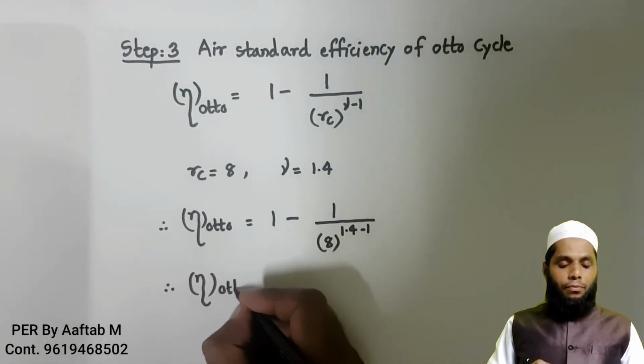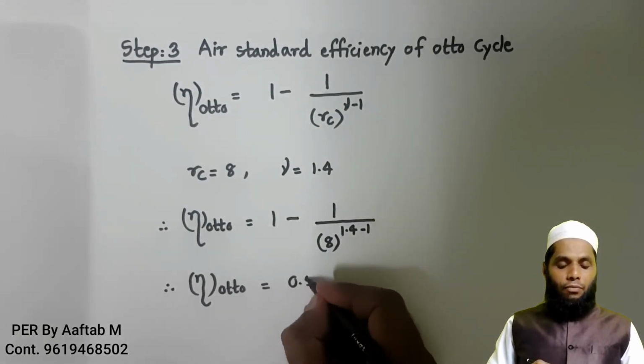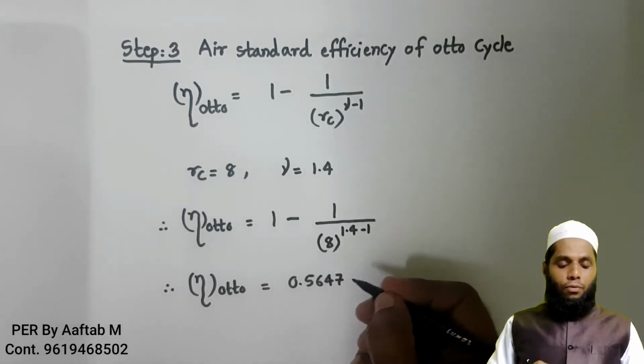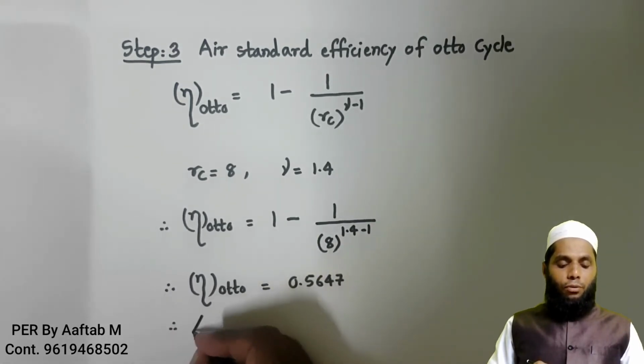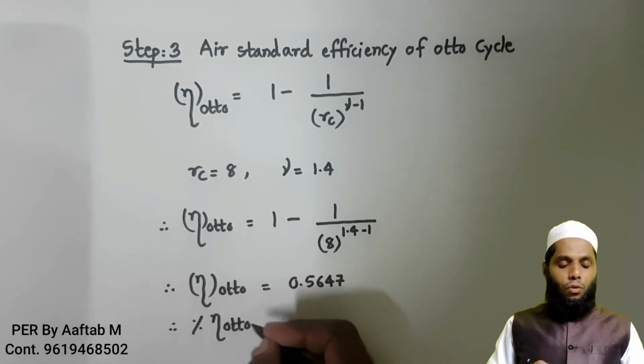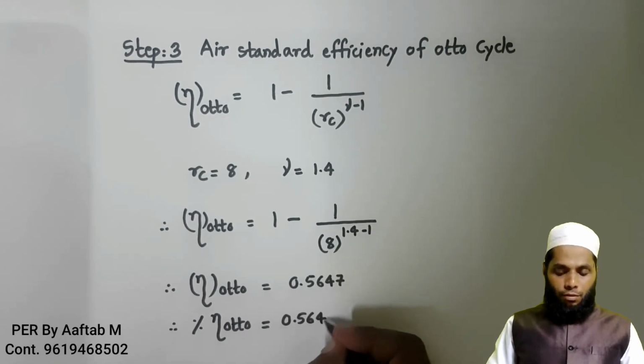So therefore, after calculation, we found the efficiency of Otto cycle is equal to 0.5647.